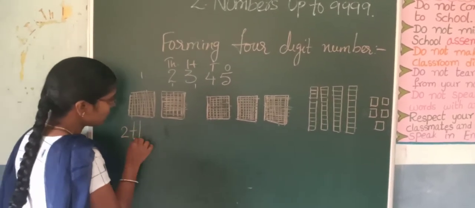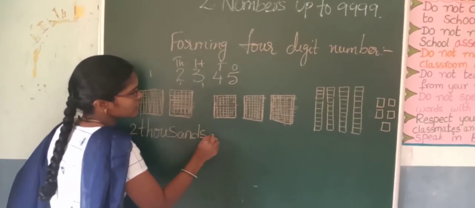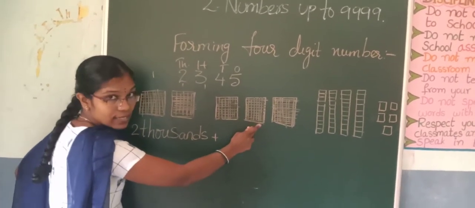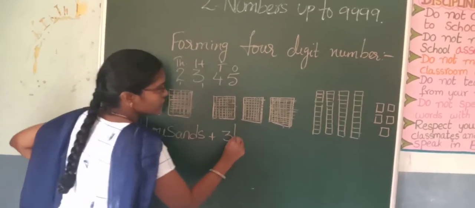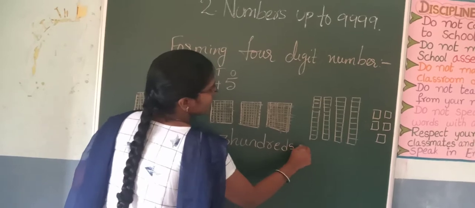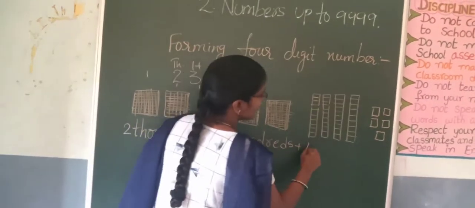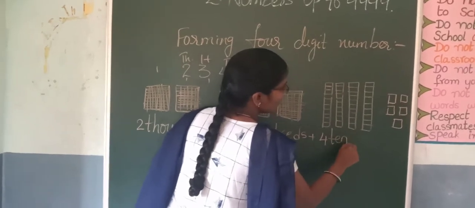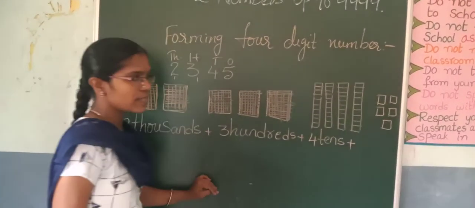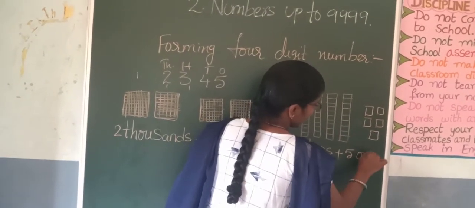So how will you write? 2000s plus how many hundreds are there? 3, 300s plus how many tens are there? Yes, 4 tens. Plus how many ones are there? Yes, 5 ones.